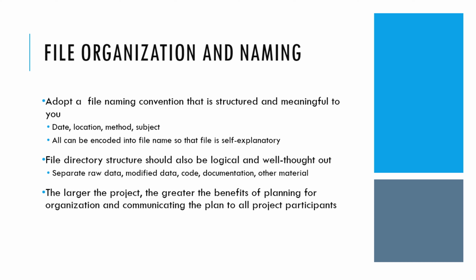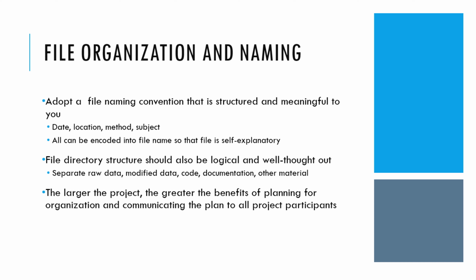Let's talk about how you can organize your projects. So for a small project, a local project, sometimes it doesn't seem that the file organization is useful. However, it becomes more and more important as the project gets larger, the more it's shared with others, and the longer period of time that you're going to be using that.